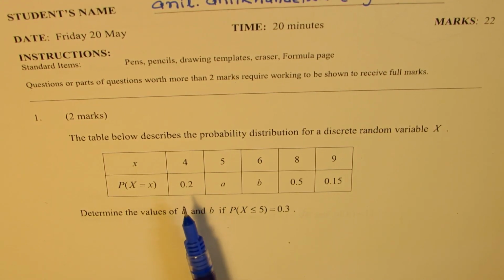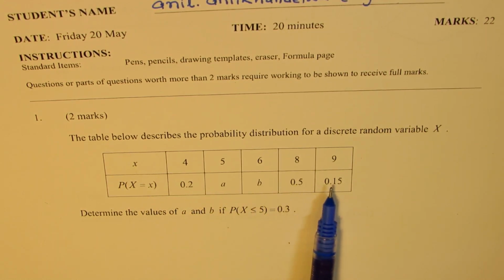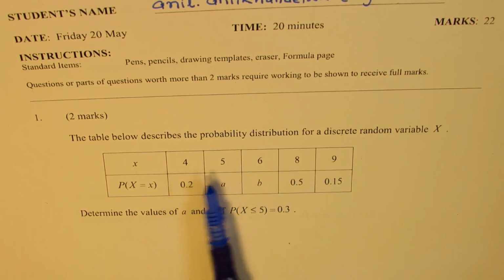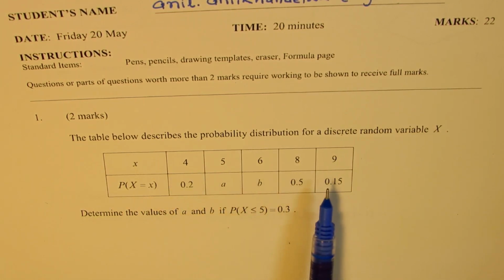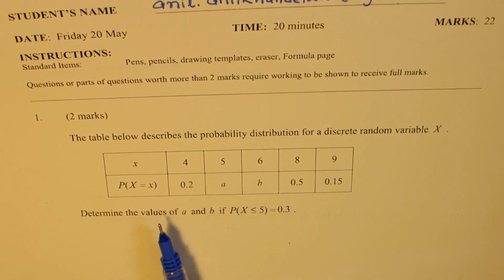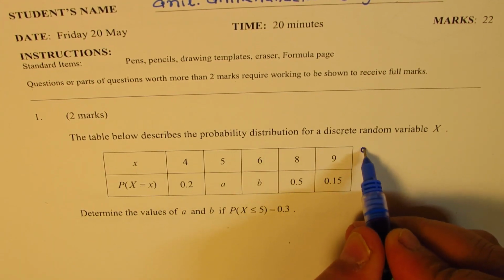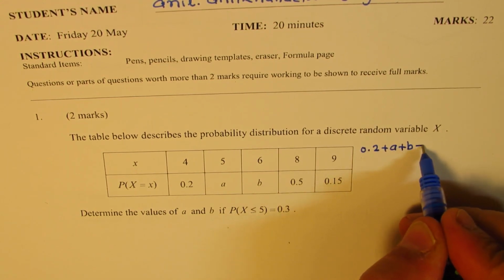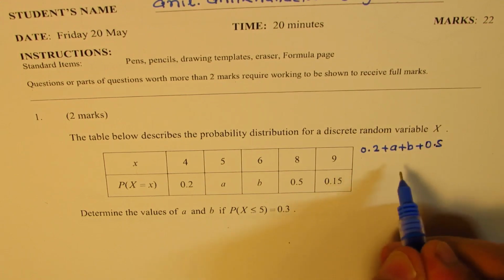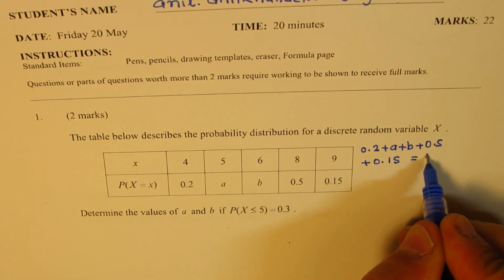The first thing that is very clear is that the sum of these probabilities should be equal to 1, right? As these are the events and we are given the probability of each and every possible event. So we get one equation, which is 0.2 plus a plus b plus 0.5 plus 0.15 should be equal to 1, correct?